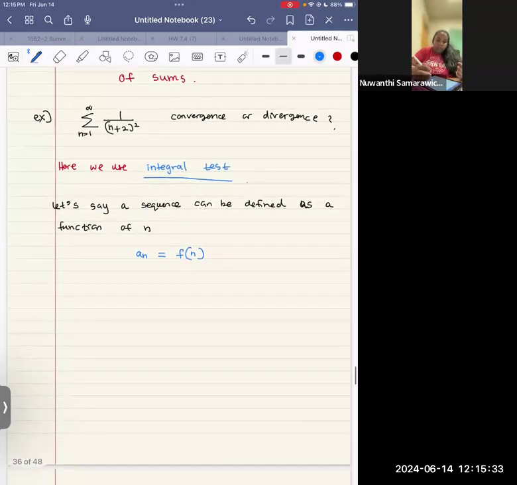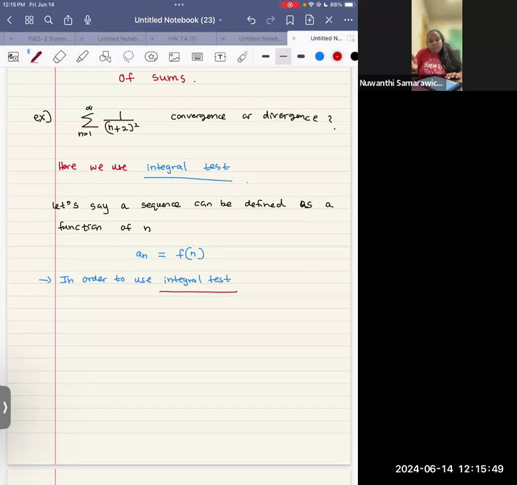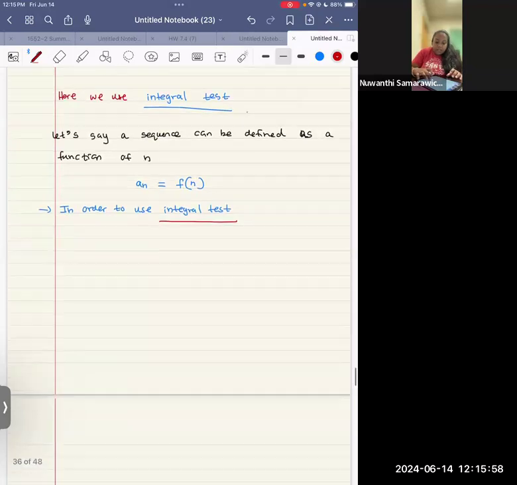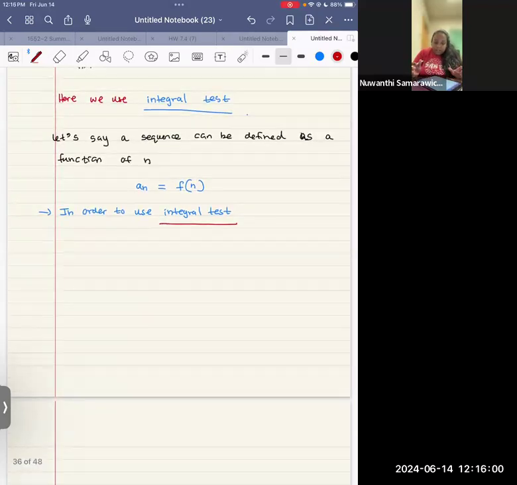Next, in order to use the integral test, we need to satisfy some conditions first. Only if these conditions are satisfied can we use the integral test. So let's see what these conditions are.